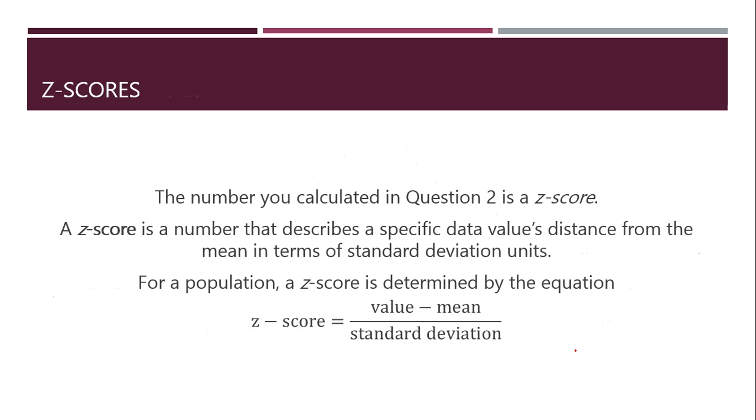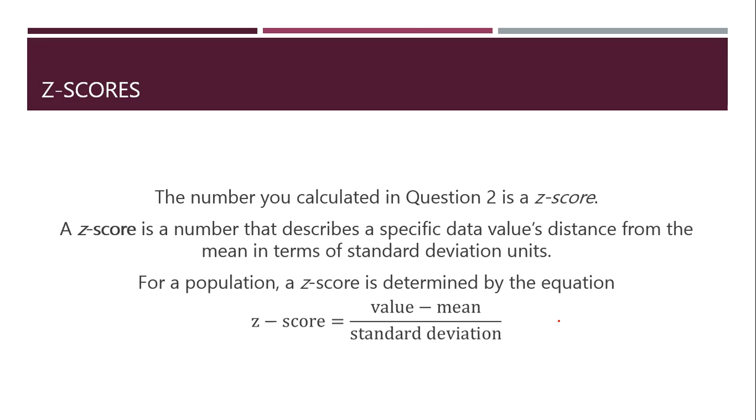So this number that you just calculated is called a z-score. And a z-score is basically standard deviation units. How far is that specific data value in distance from the mean? How far is that number from your mean? And we're measuring it in terms of standard deviation.